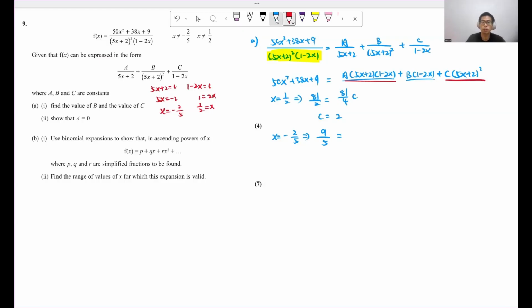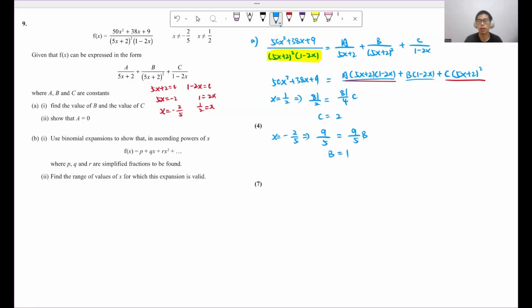Then we can do 1 minus 2 times negative 2 over 5, which is 9 over 5. So 9 over 5 times b equals 9 over 5, so b is equal to 1. Now we know the value of b and the value of c.